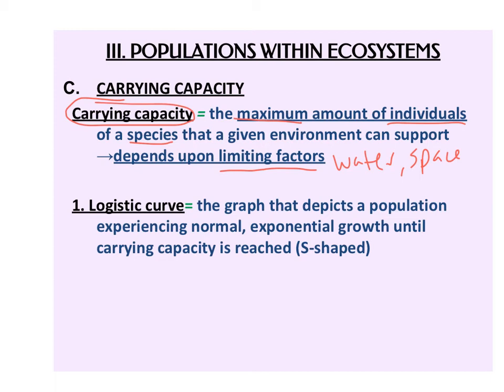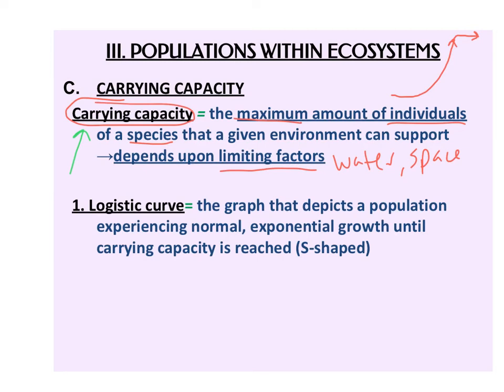How many people can the Earth support? You know, the Earth's population is still going up. Eventually, that population is going to have to stop because we're going to run out of food. We're going to run out of water. Eventually, the carrying capacity of the Earth will be reached. The Earth can only carry so many people, and that is the carrying capacity.